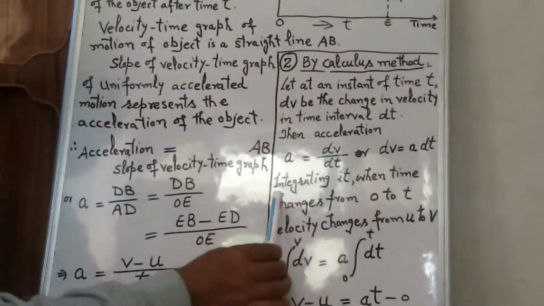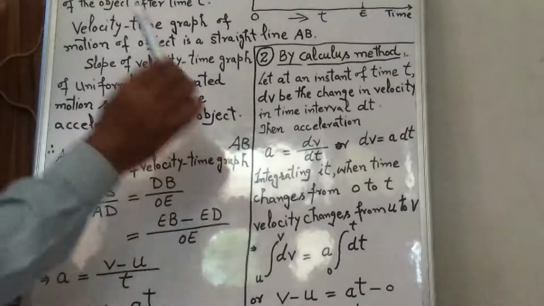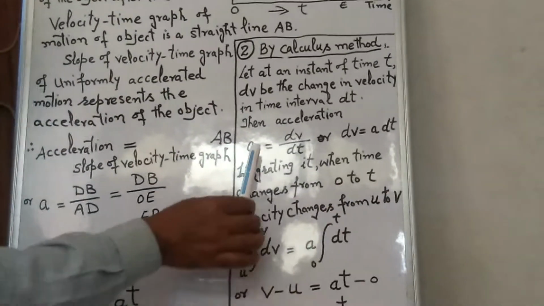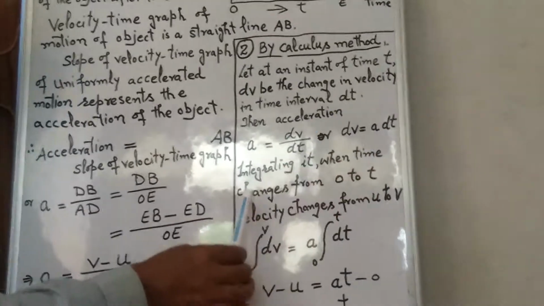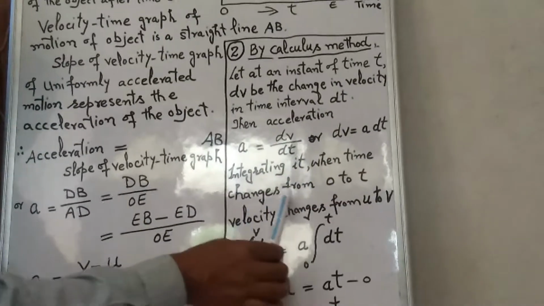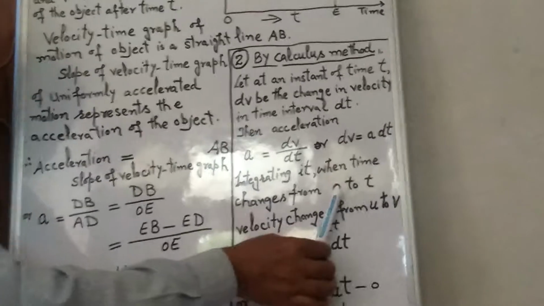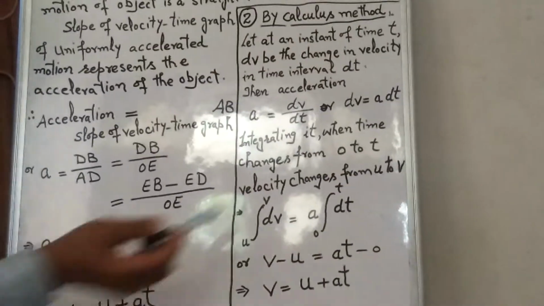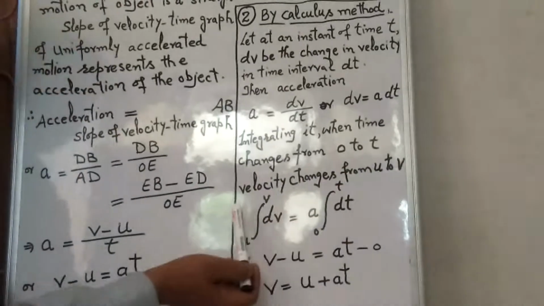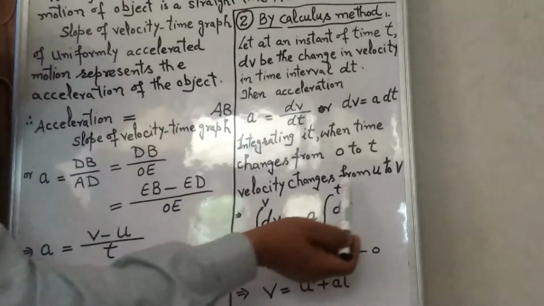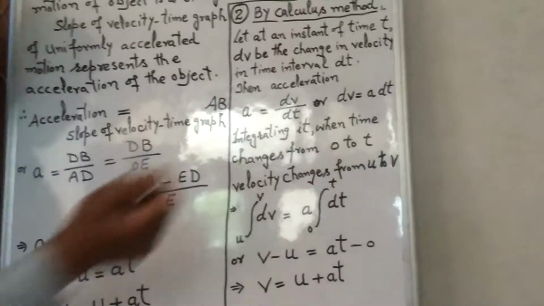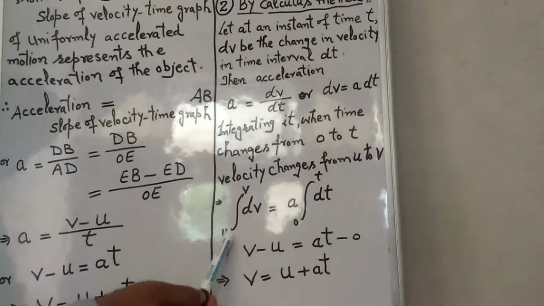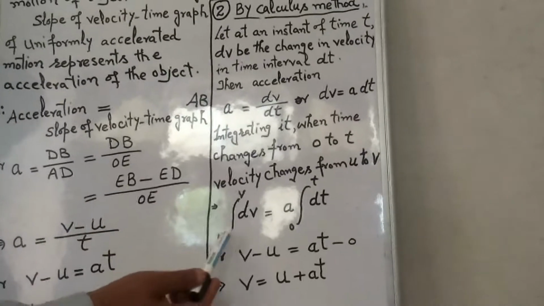By the calculus method, integrating it when the time changes from 0 to t, velocity changes from u to v. Take the integral on both sides.